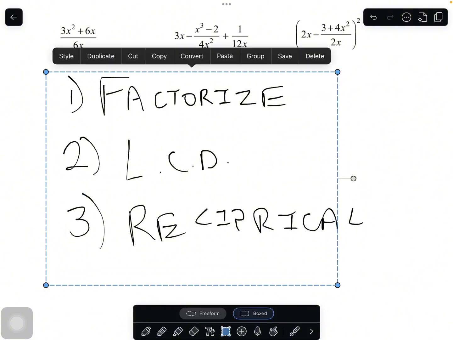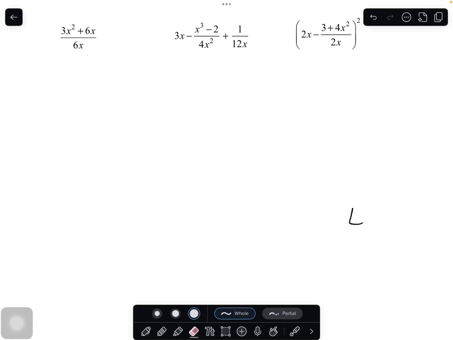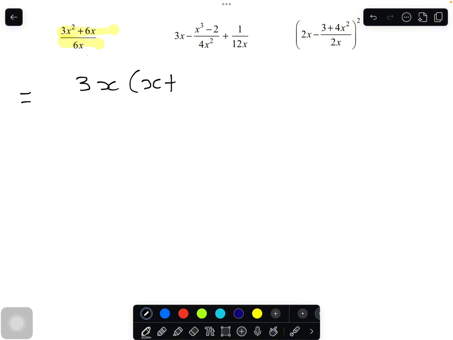So let's get right into this first question. Right here, this is the question. We have 3x squared plus 6x over 6x. For this question, what we're going to be doing is removing a common factor of 3x. If I remove a common factor of 3x here, I'll be left with x plus 2 over 6x.